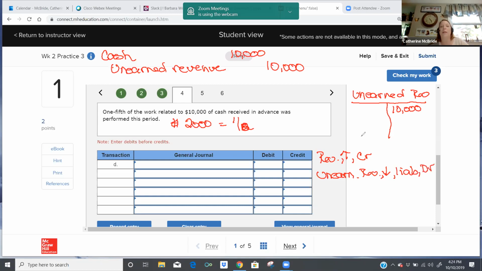I'm going to debit it. And I can see that up here too, because to make it lower, this is what I'm doing with my journal entry. So now on the financial statements, I'm going to have $8,000 in my liability account on my balance sheet, and I'm going to have $2,000 more of revenue on my income statement.